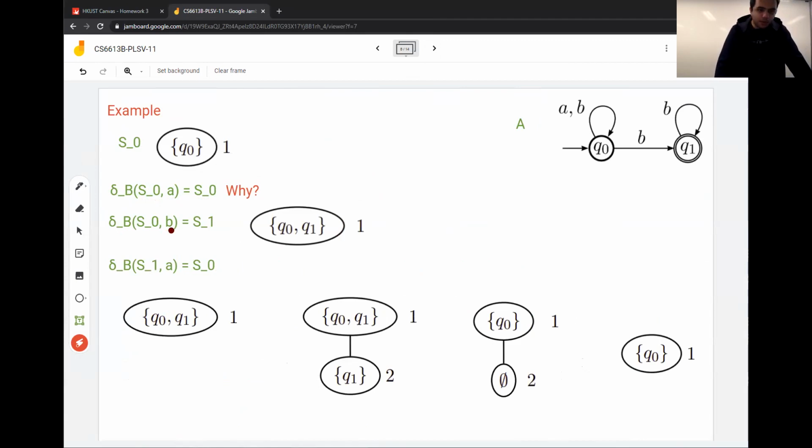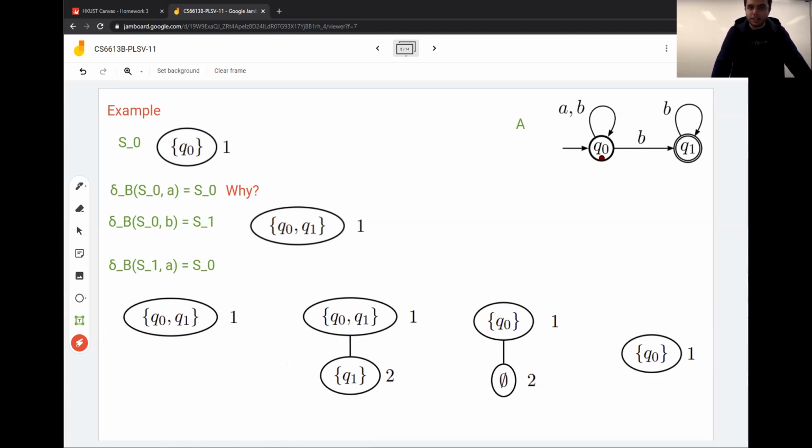So the first step was to remove the marks. We don't have any marks. The second step was if you have any targets, create a child for them, and there is no target here because the only target is Q1. The third step was to actually do the transitions based on the original automaton.